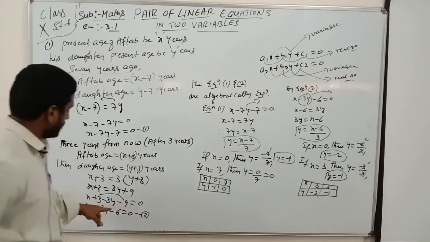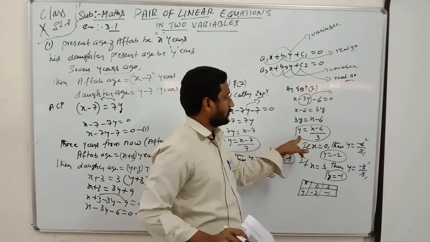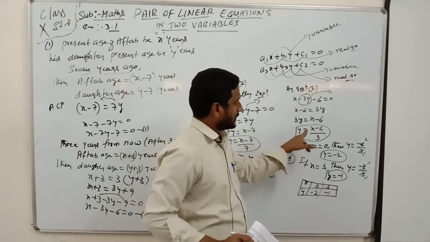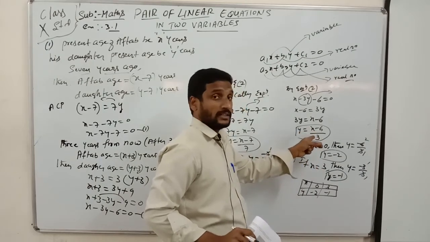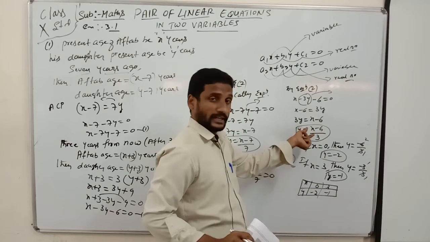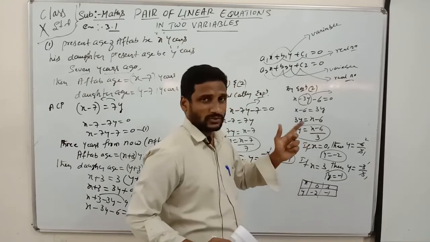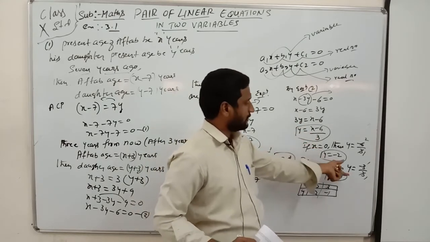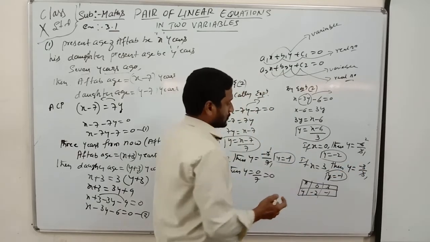Similarly, take equation 2 and again write the y value, and choose a suitable x value that cancels easily. It is not compulsory to take x as 1, 2, 3; you can take whatever value, but you should get an easy whole number, an integer. Like that I took here.